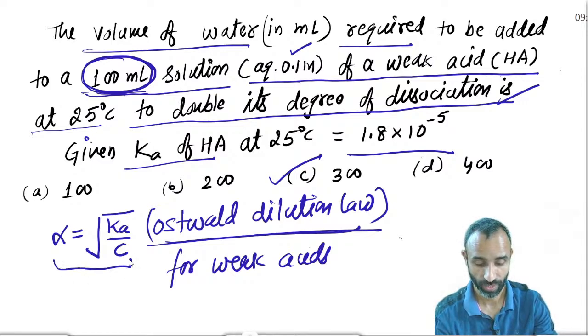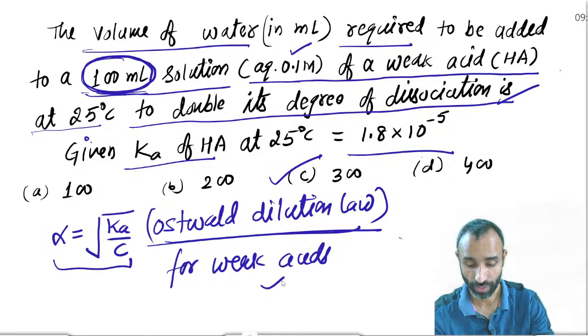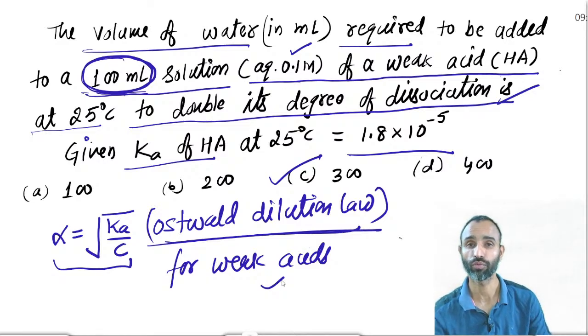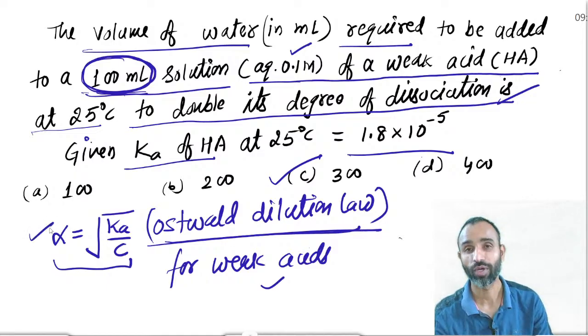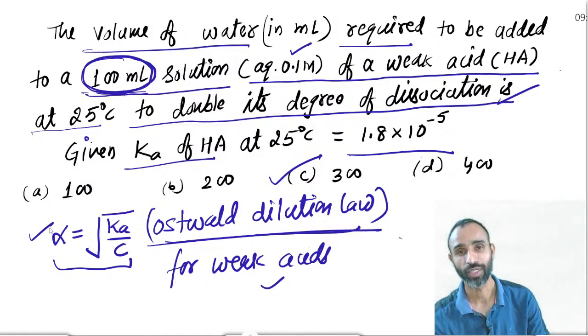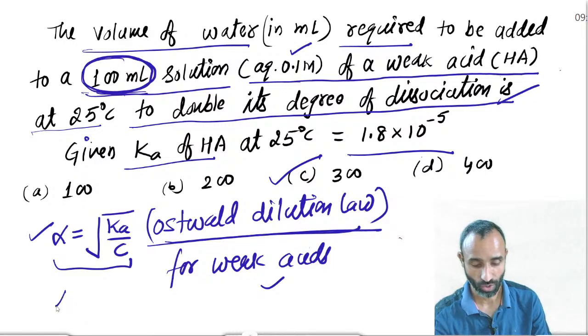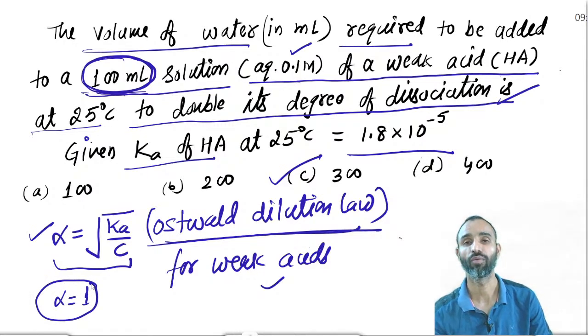This formula is applicable only for weak acids. Ostwald dilution law is for weak acids only, because there is no need to calculate alpha if it is a strong acid. If it is a strong acid, alpha is 1 only. So we start with alpha 1.